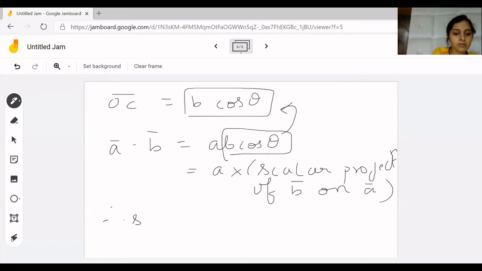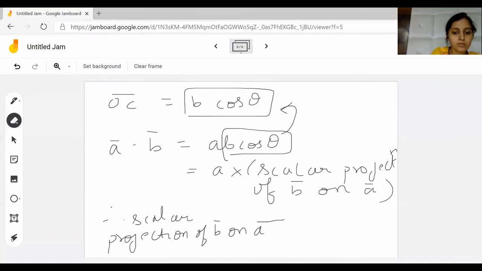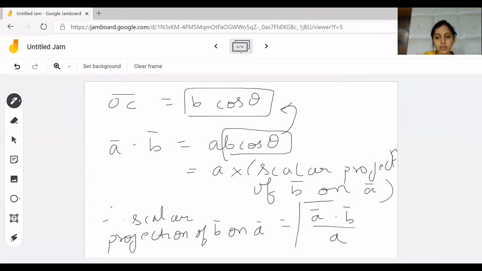Therefore, the scalar projection of B bar on A bar is equal to A bar dot B bar upon A. So we can write it in this form also. This is your scalar projection.